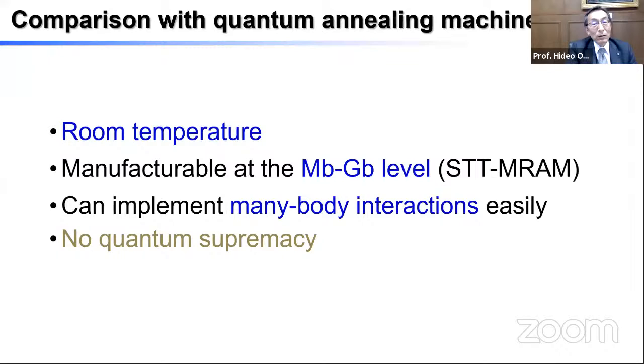So this is the comparison with a quantum annealing machine. We can do it at room temperature. We can implement many-body interactions much more easily than they can.